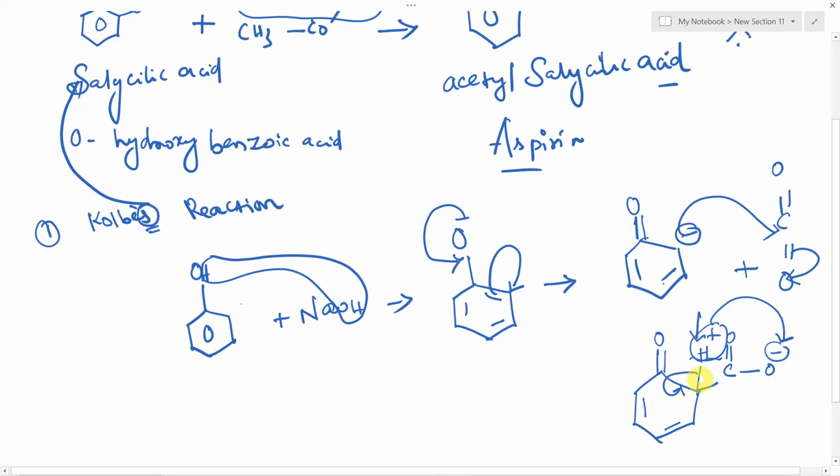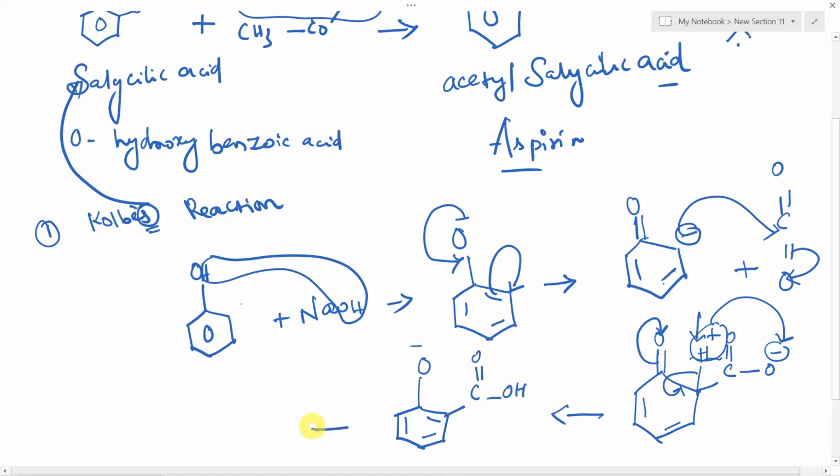So when this electron shifts over here, the oxygen takes back its electron to maintain the valence, so that the aromaticity is restored. Now oxygen again has a negative charge, and here on this side C double bond O and the O has got a proton, right?